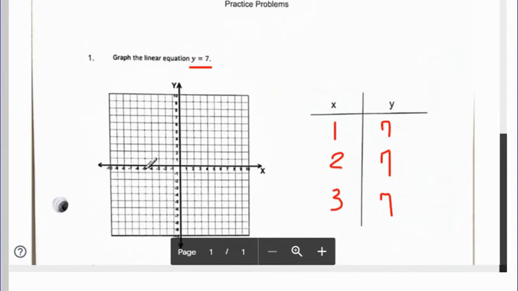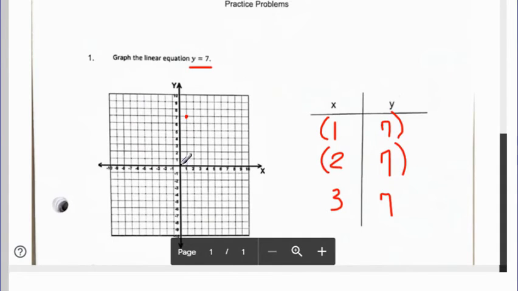You can pick whatever number you want on x. It goes from -10 to +10. Okay? And then I'm going to graph these 3 points like ordered pairs. So the first one is 1, 7. I'm going to start at 0, 0 on my graph. I'm going to go over 1, up 1, 2, 3, 4, 5, 6, 7, and I'm going to make a point. And I'm going to move on to my second one, which is 2, 7.